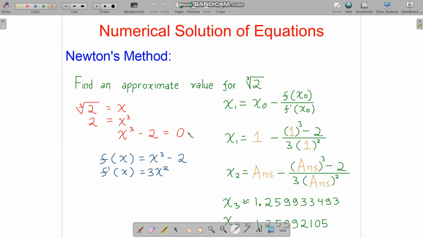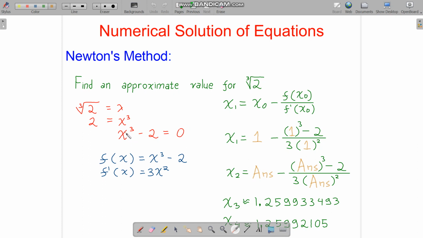So for example, find an approximate value for the cube root of 2. Well, you can find the function first. So let's say the cube root of 2 is x, which means x cubed equals 2, and if we just subtract 2 from both sides, we get x cubed minus 2 equals 0.